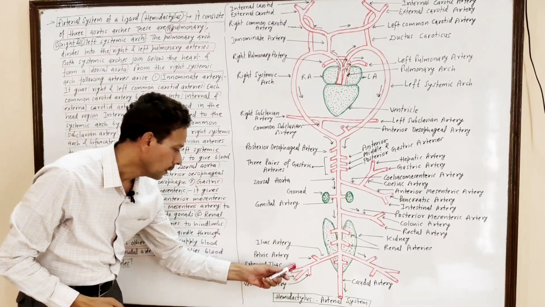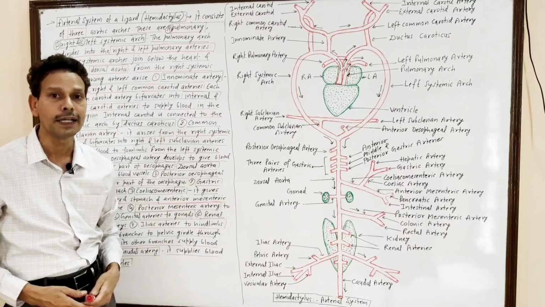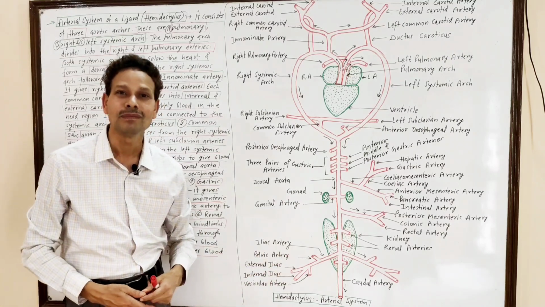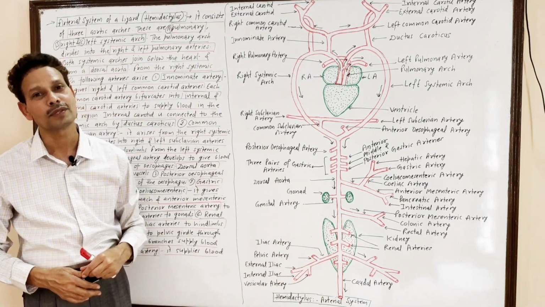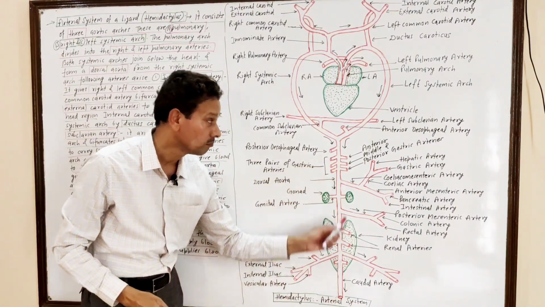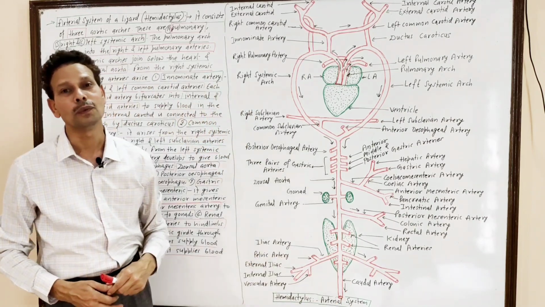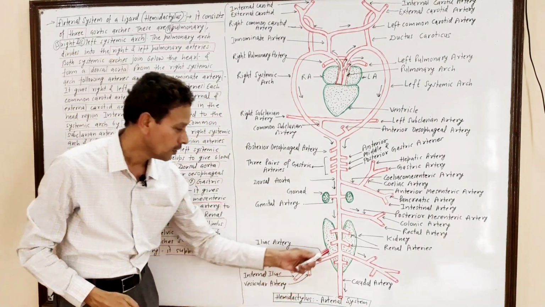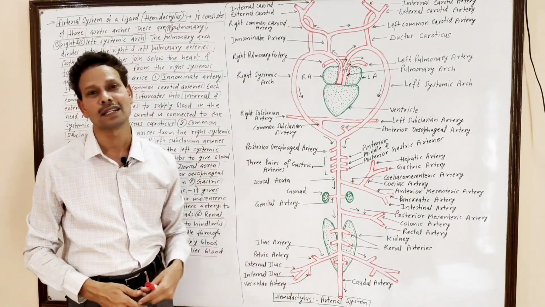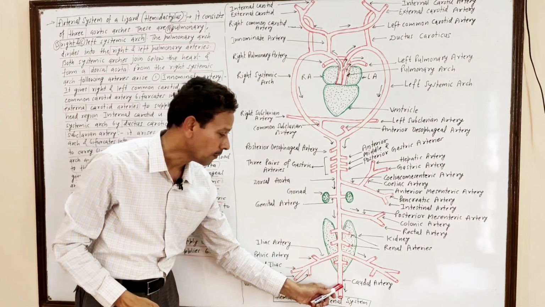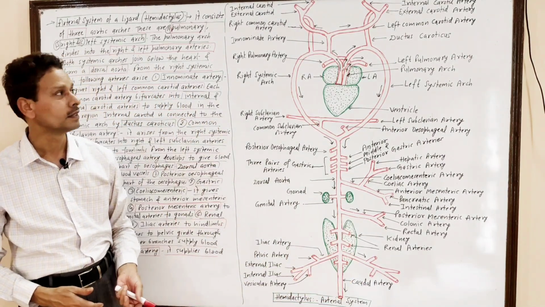Now down, it gives external iliac and internal iliac arteries which supply blood to different parts of hind limbs, and this main blood vessel which carries blood to tail muscles is the caudal artery, caudal, tail region. It means this blood vessel supplies blood to tail muscles.